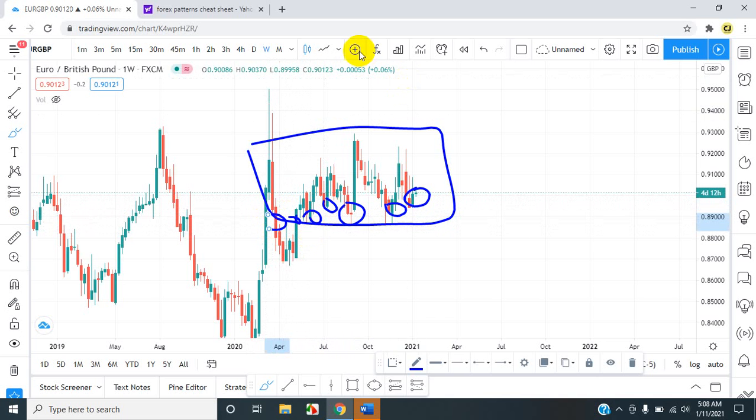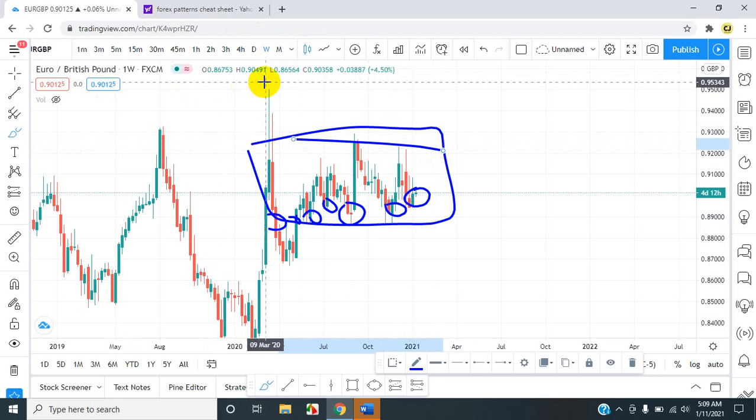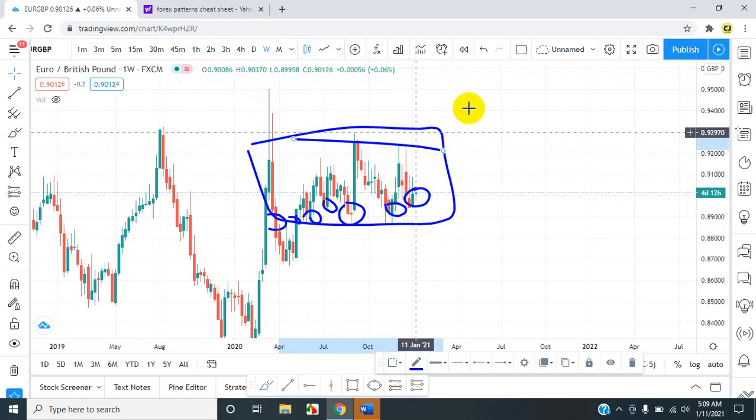So about 7 touches that we have on that support. The market touched 7 times, it still wasn't able to break through. So it's an area of strong support, and the market is probably going to try to break up to the highest area here, but we're not sure yet. So we're going to go down the time frame a little further to see if we see anything.